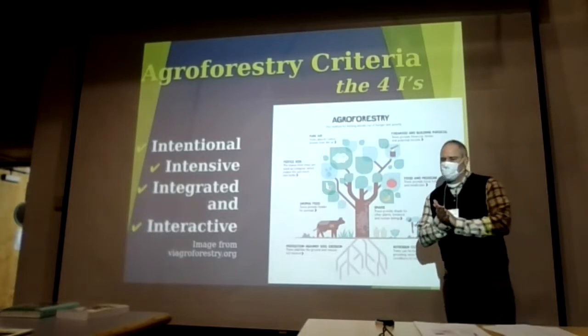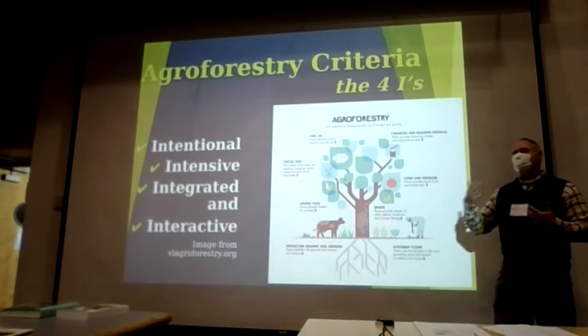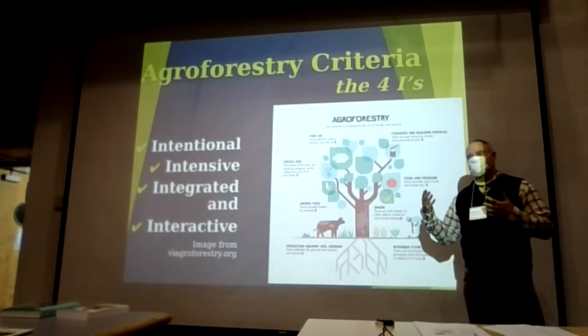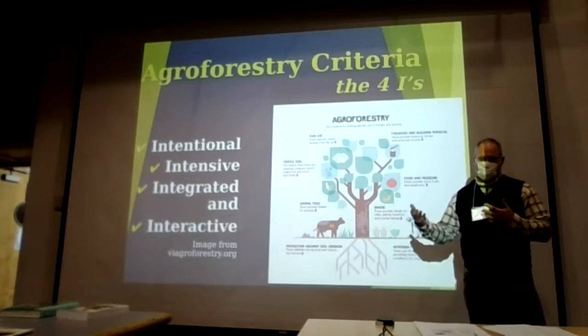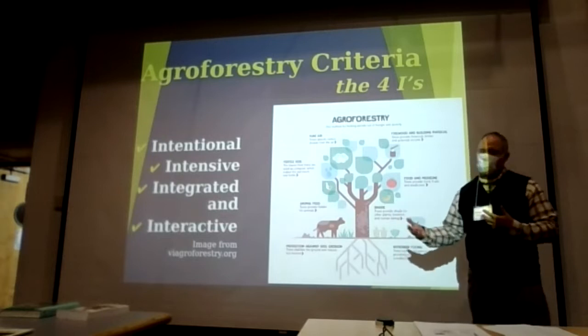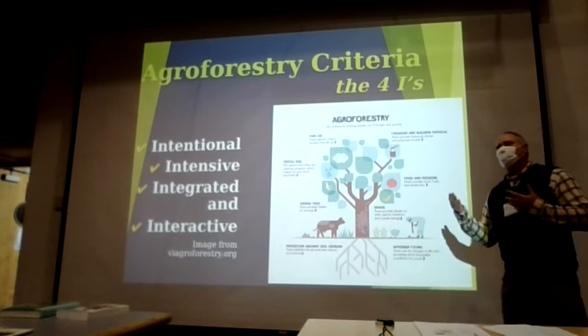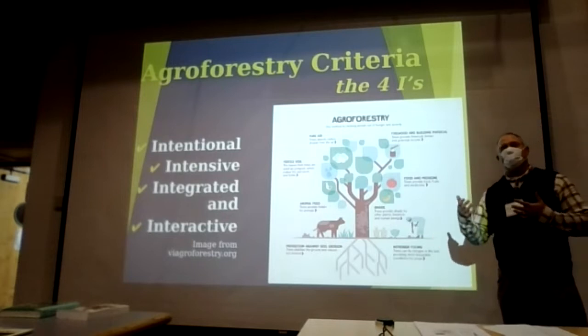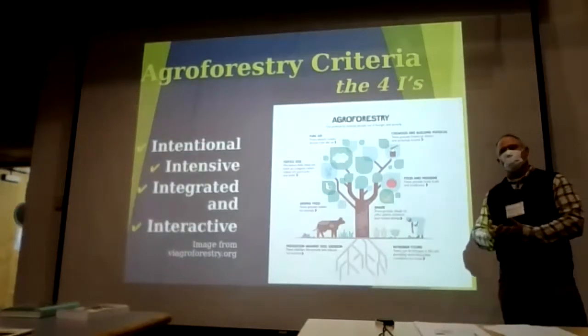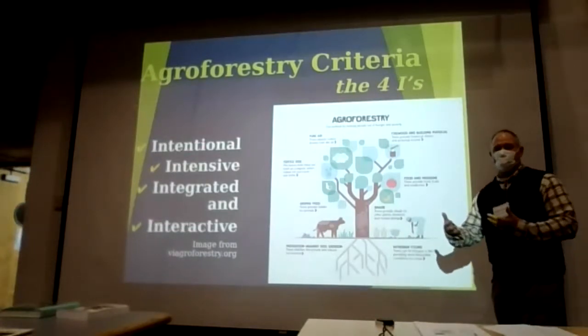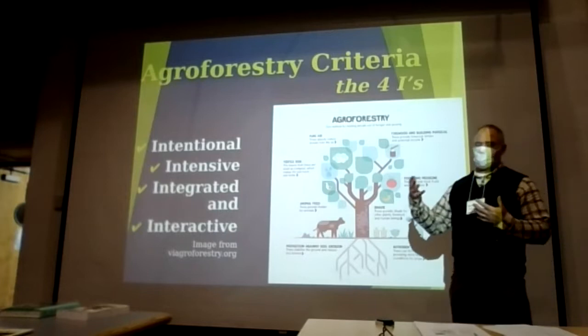Next. So we have a definition, which in its simplest terms is crops with trees, or agriculture with trees. But we need a way to set up criteria to understand: is somebody practicing, or am I setting up, a practice of agroforestry?